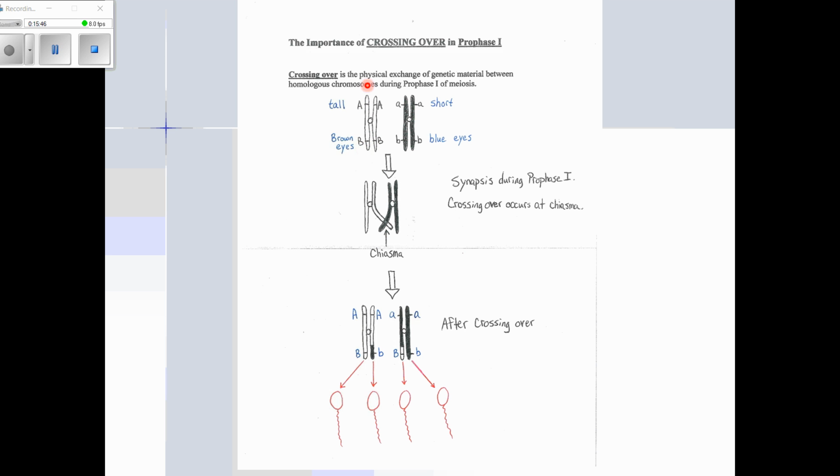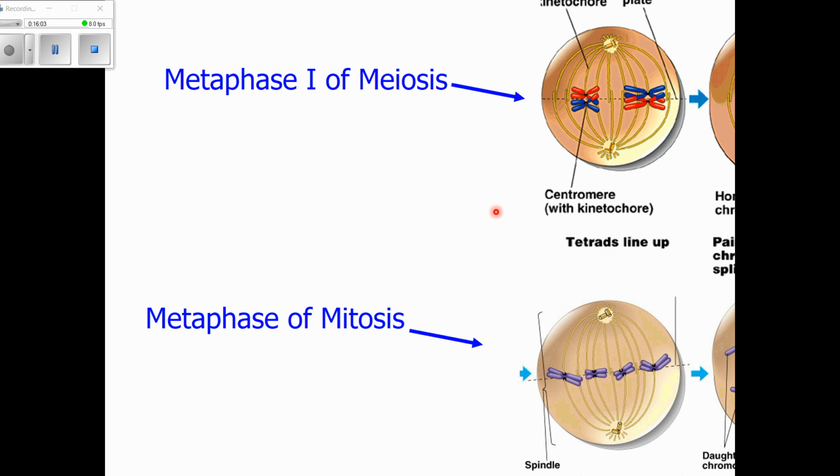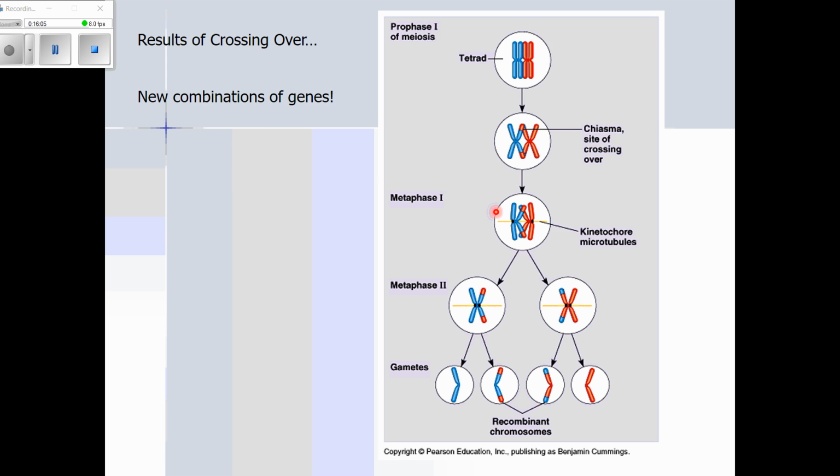The reality is there would be over 1,000 genes on this chromosome. So the number of possible genetic combinations created by crossing over is a huge amount, a huge number of possible genetic possibilities.